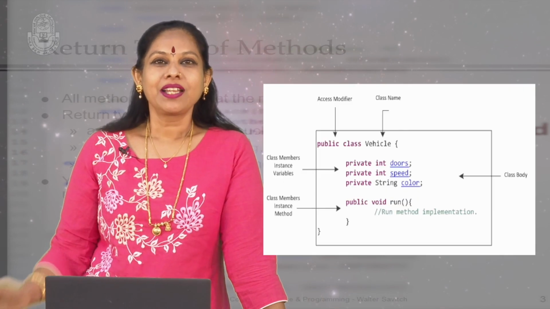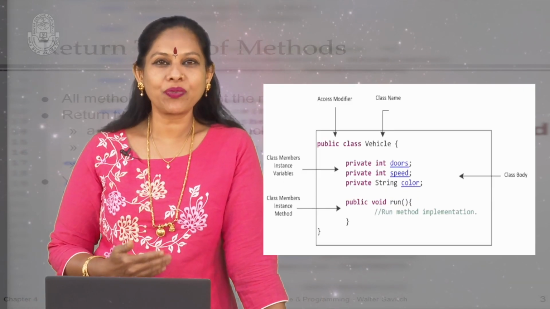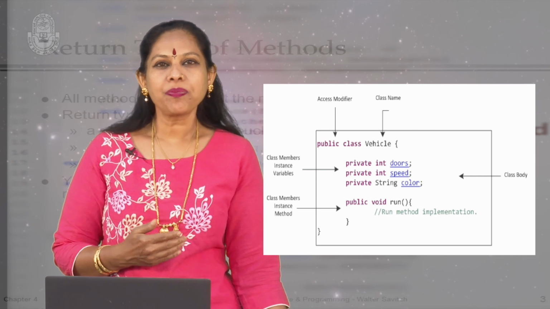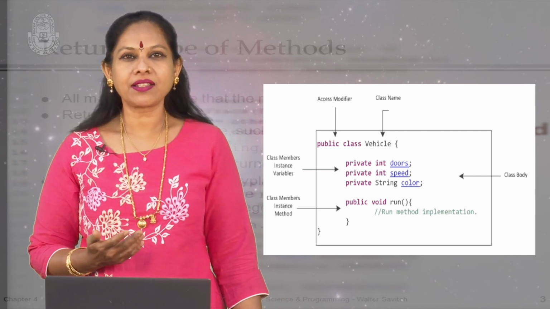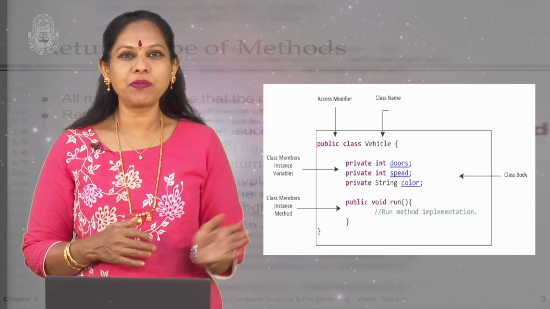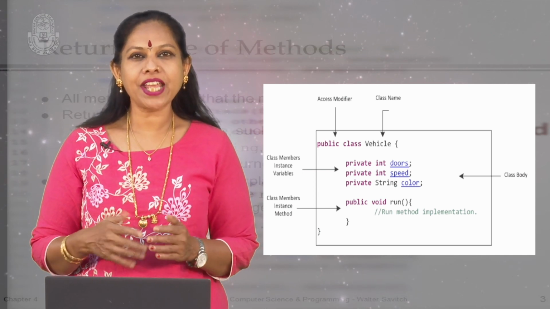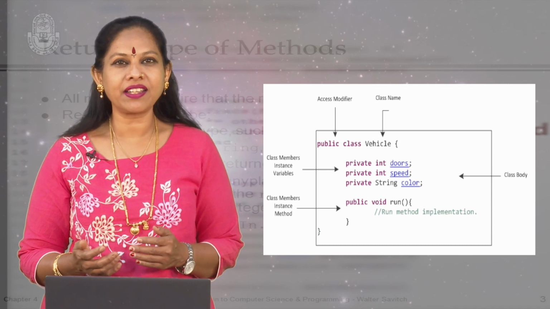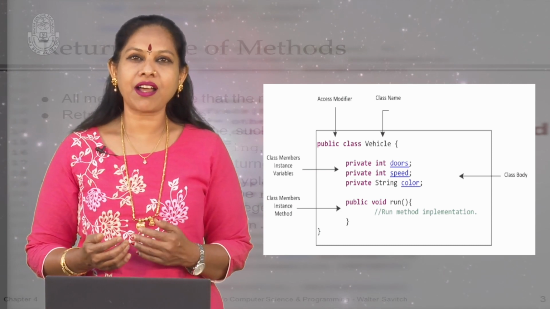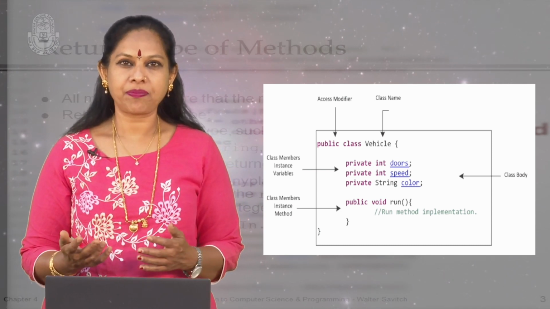Class methods. Class methods, like class variables, are available to instances of the class and can be made available to other classes. Class methods can be used anywhere regardless of whether an instance of the class exists or not.